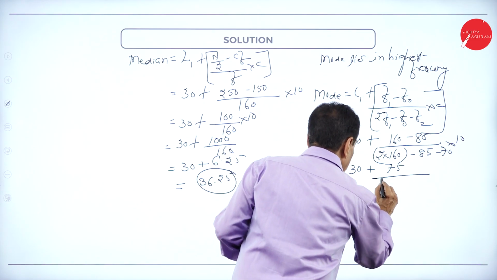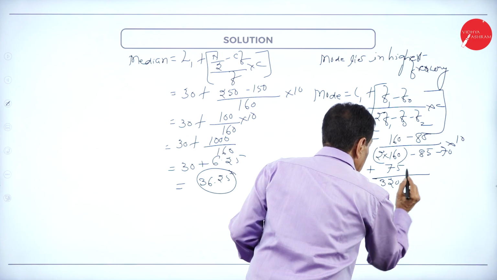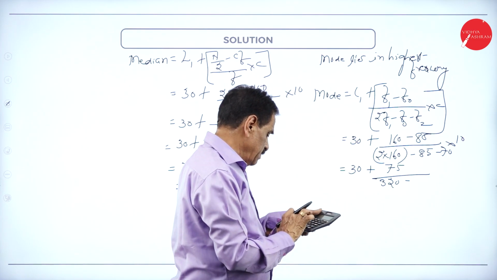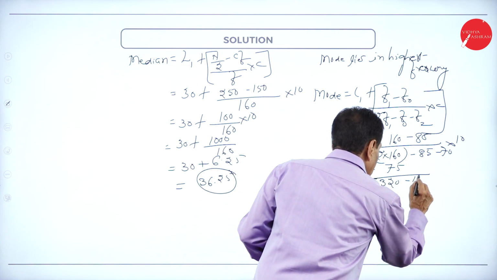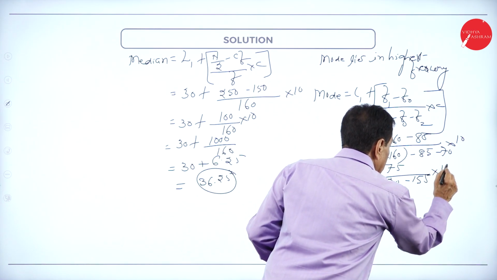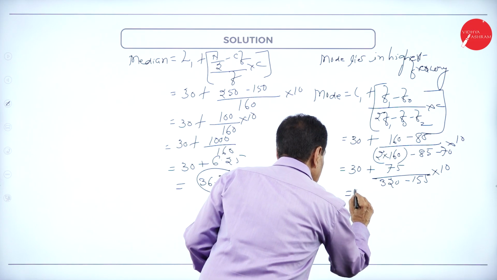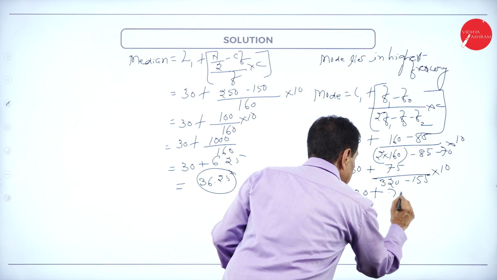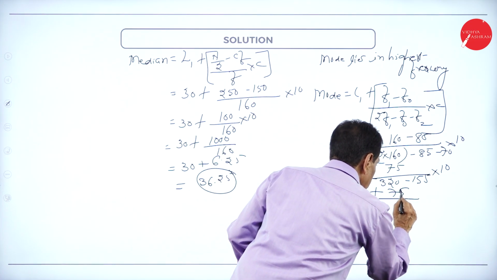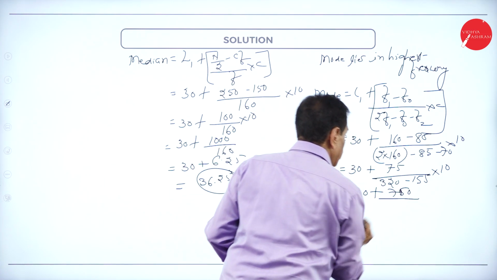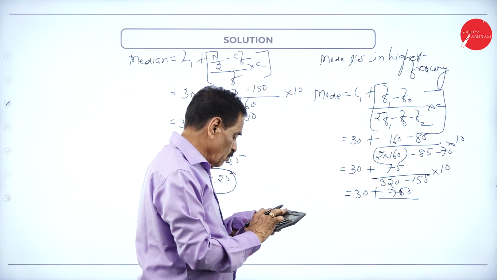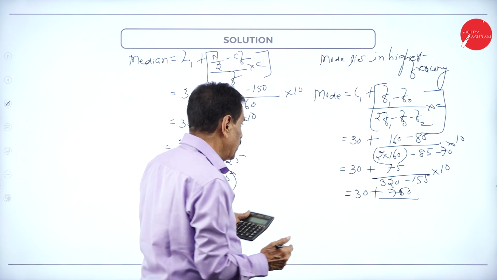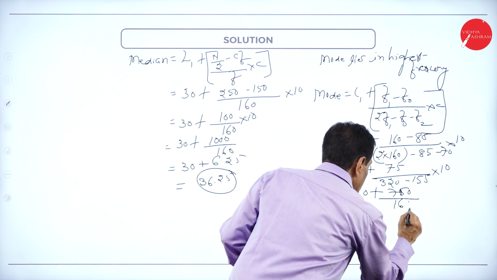So this is 320 minus 85 plus 70 minus 155 into 10. Simplify: 30 plus 75 into 10, 750. 320 minus 155, 165.